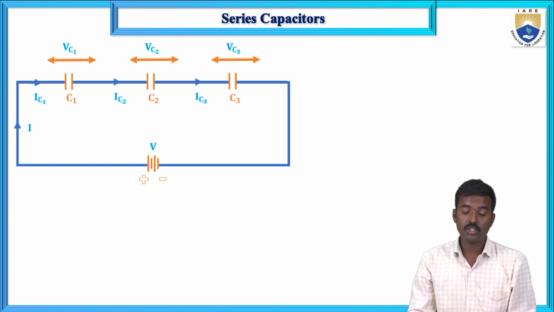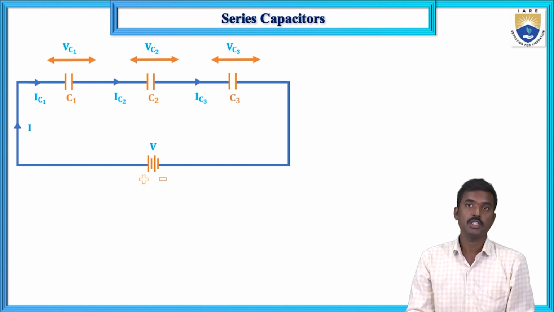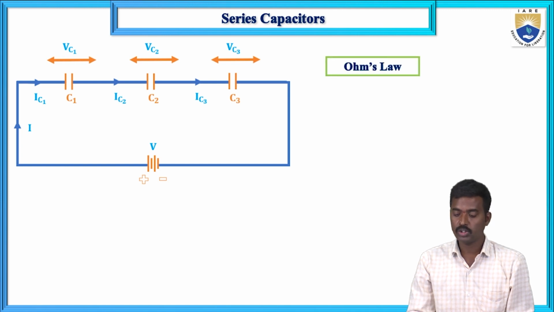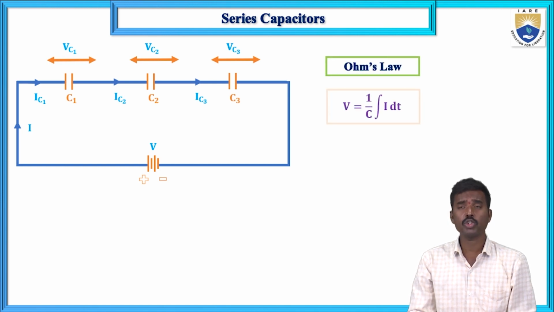Next, VC1 is the C1 voltage, VC2 is the C2 voltage and VC3 is the C3 voltage. We know this formula, V equals 1 by C integral of I dt.